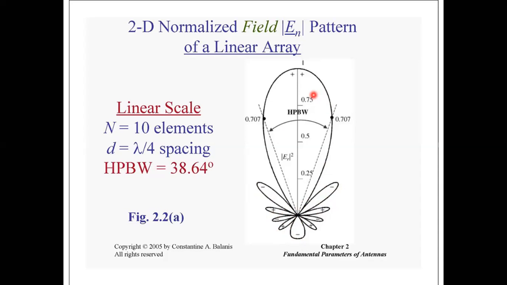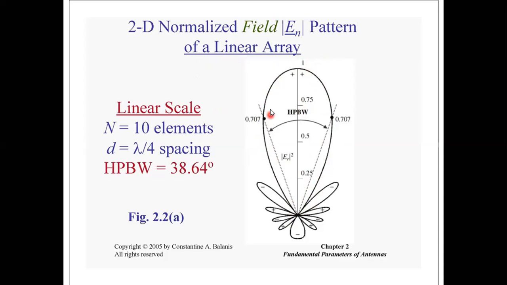Based upon this field pattern, we can calculate an important parameter, that is half power beam width. If you look at this radiation pattern, this is a normalized pattern. What do you mean by normalization? Dividing the component with its maximum value. For example, if an antenna is radiating 30 megawatts of power, and you try to plot from 1 watt to 30, the graph becomes very large.